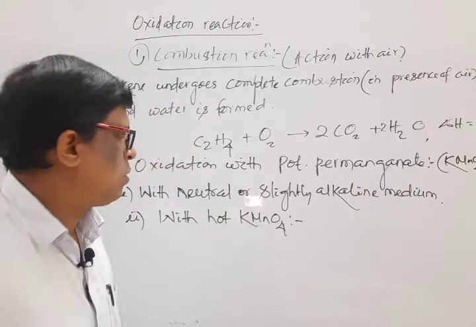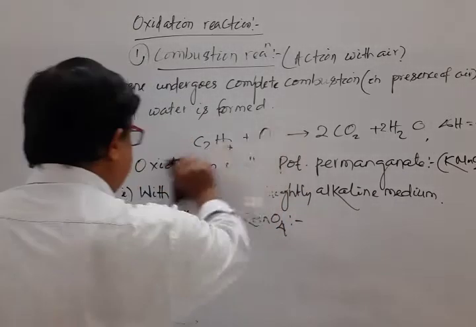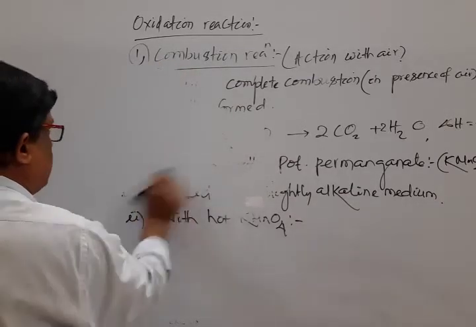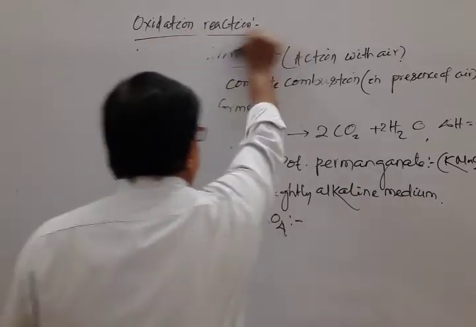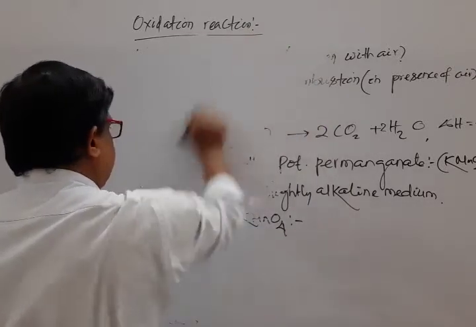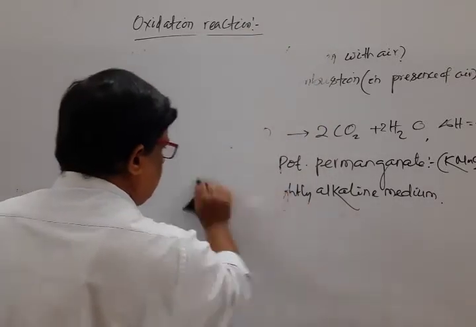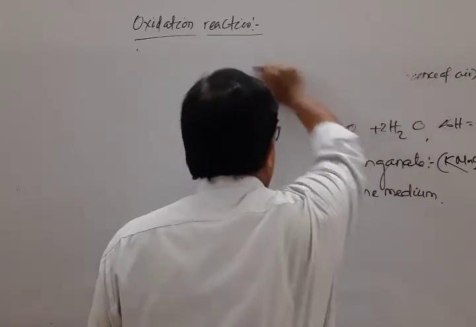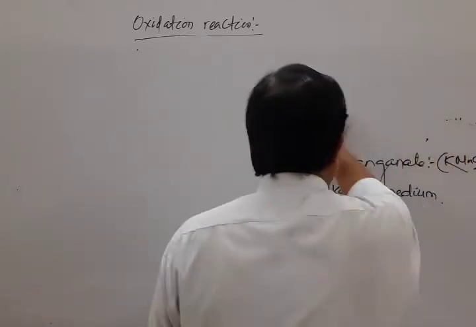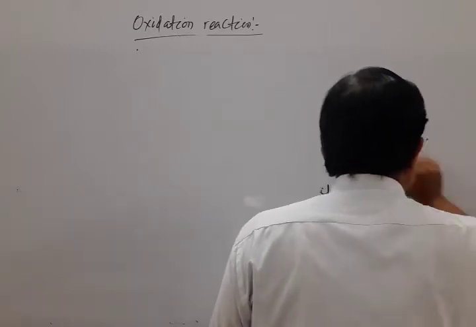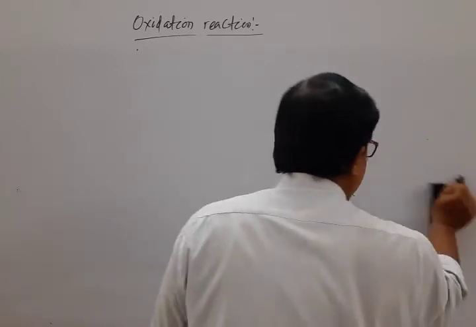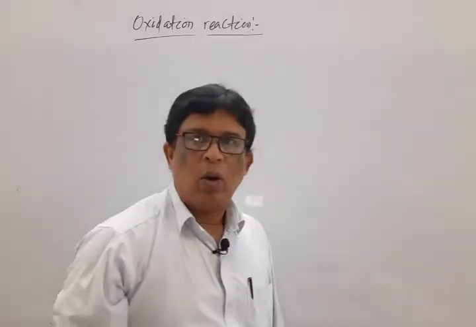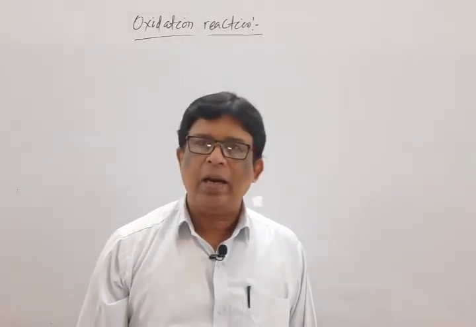So let us discuss one by one. First one is with neutral KMnO4 or slightly alkaline potassium permanganate. We know it is known as oxidizing agent. So it oxidizes alkene in presence of water to form alkane diol or dihydric alcohol.